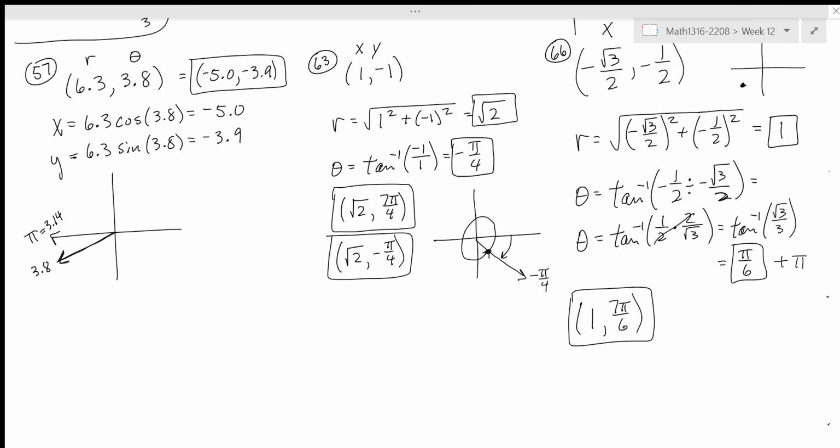It's when x is negative. If they give you a rectangular coordinate and the x happens to be negative, that's when your angle's going to have to be fixed. Always.